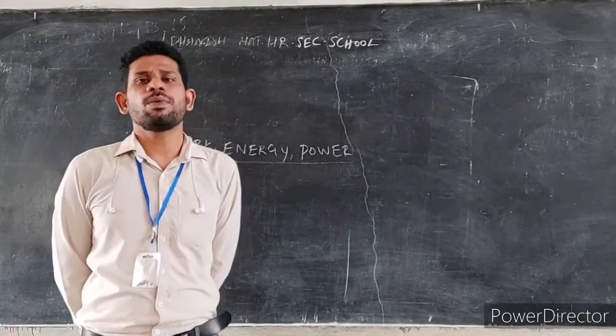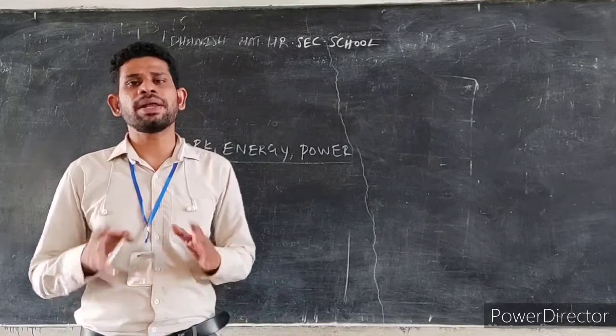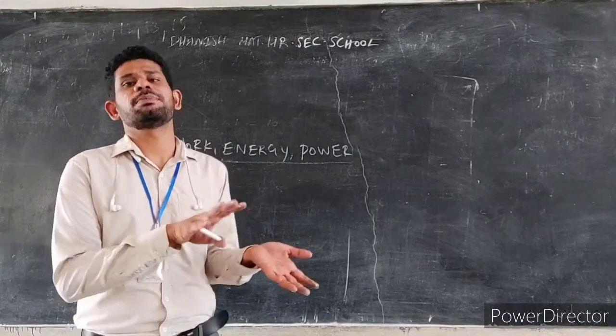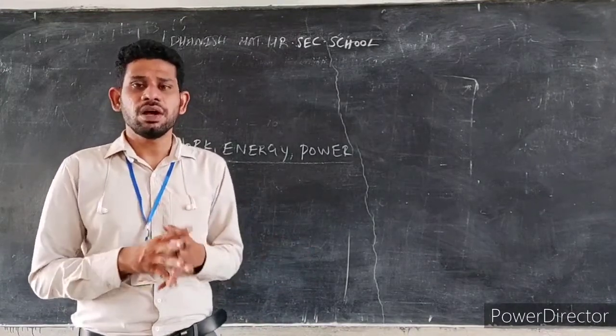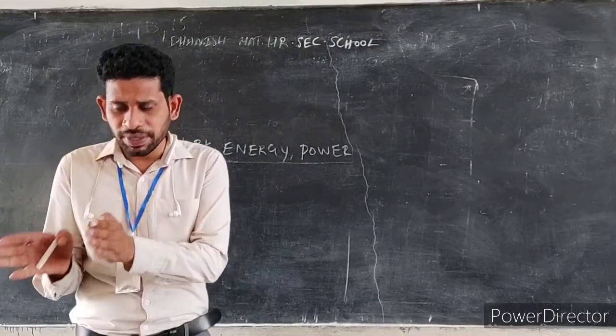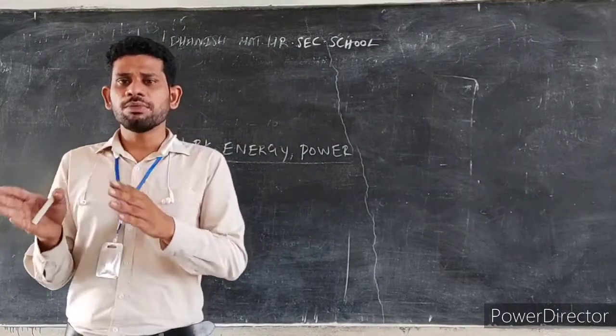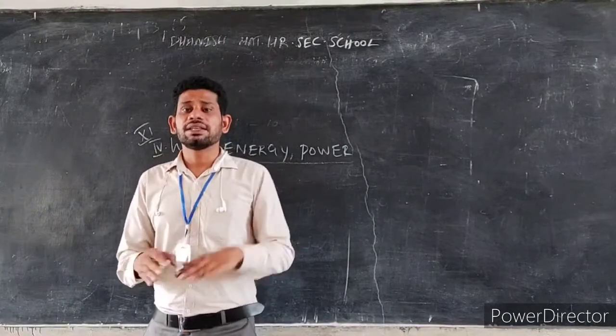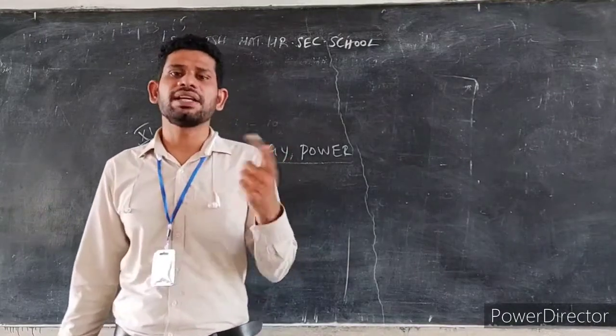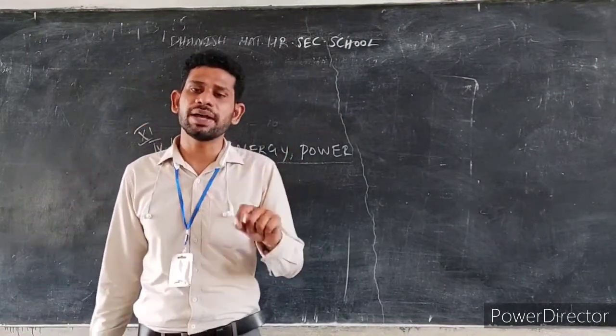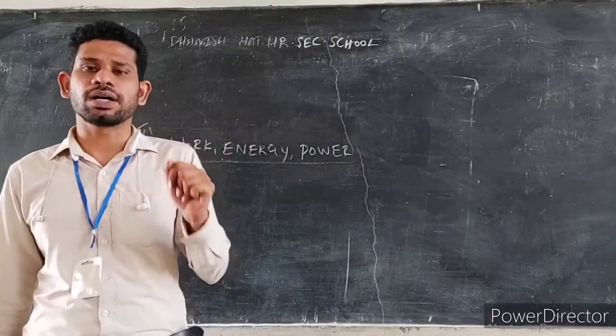Work is when a force is applied on an object and that object is displaced. When the object moves from here to here, some work is done by that force, and that is called work done.